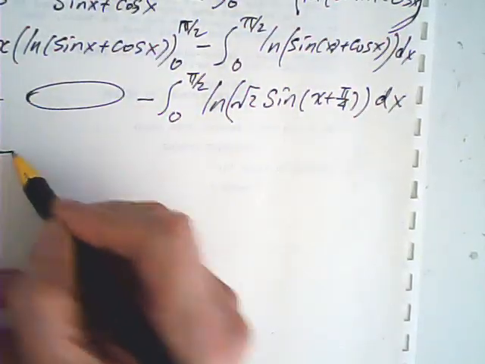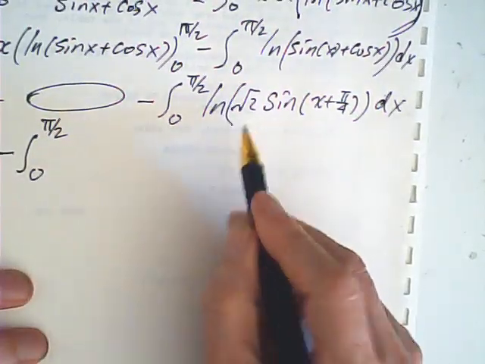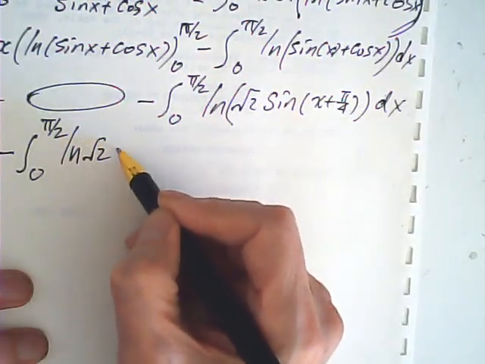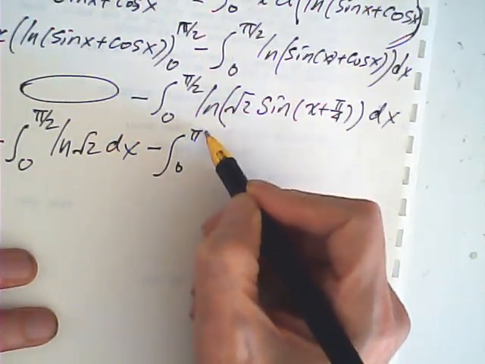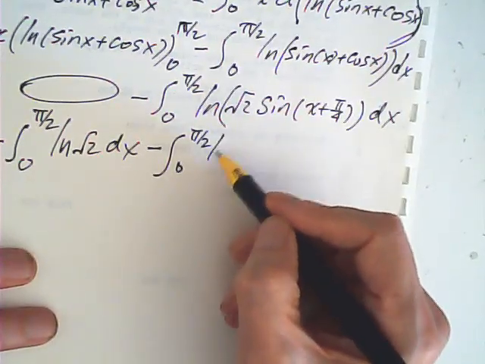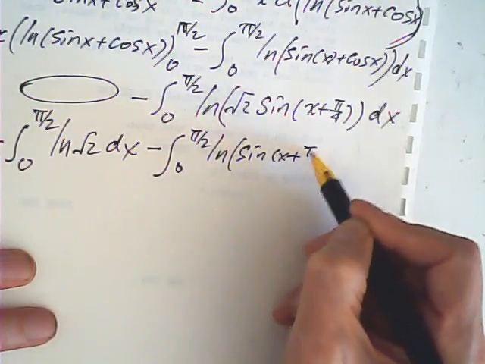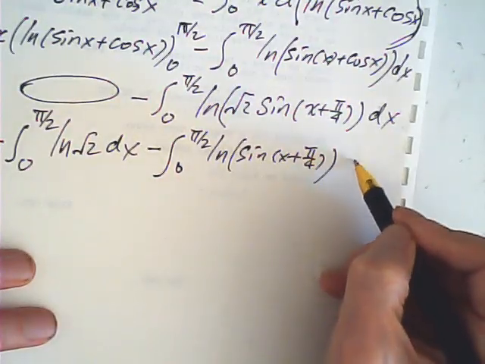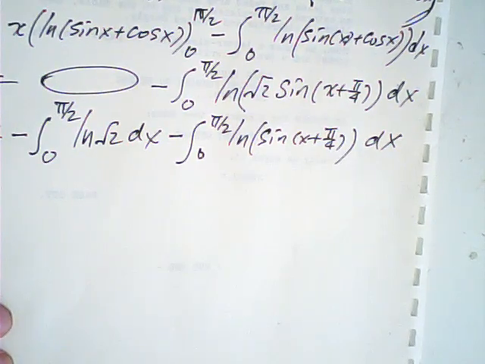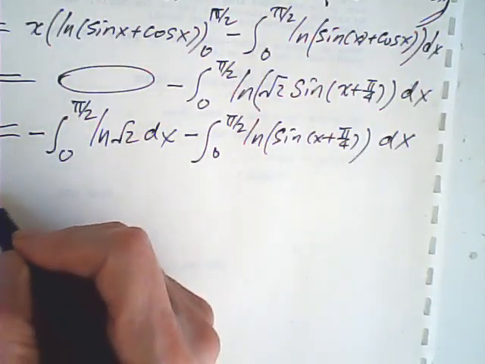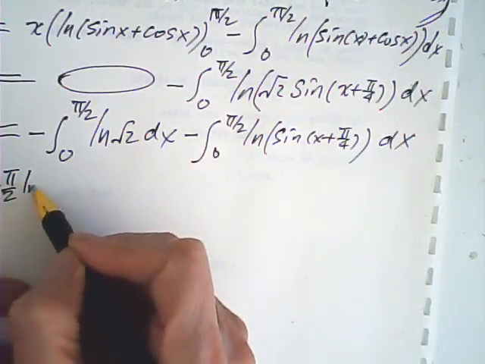This becomes a negative, so half pi, and log root 2 dx for the first one. And for the second one is a log sine(x plus quarter pi) dx. Good. Now, this one is easy. Negative half pi log root 2.